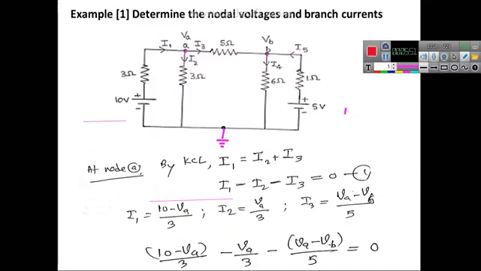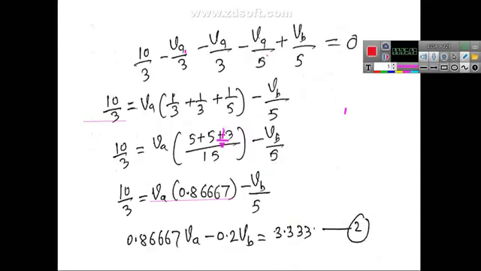Then you substitute I1, I2 and I3 in this equation, expand and simplify.